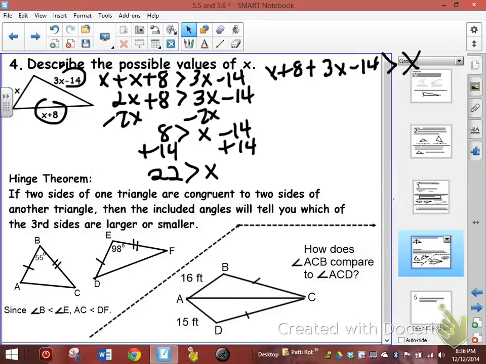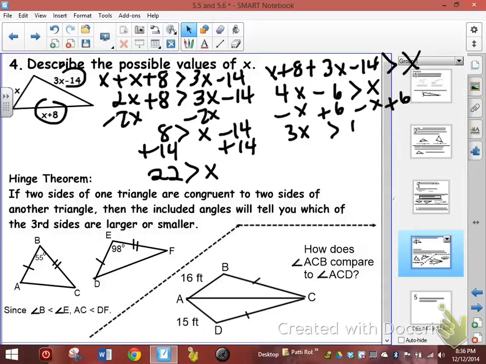So combine my like terms, so I get 4x. 8 minus 14 is negative 6. That's got to be greater than x. I'm going to subtract x from both sides and get my 3x. And then I'm going to go ahead and add my 6. So I get 6 over here, divided by 3. So I get x greater than 2. So there's my second possible answer.